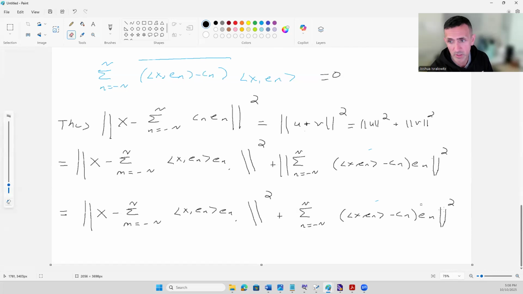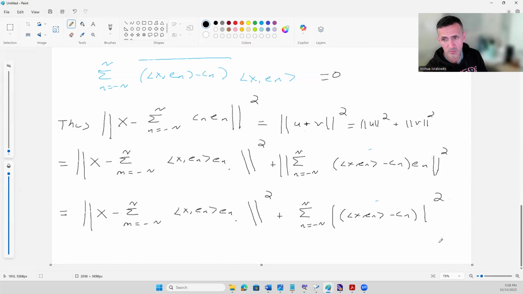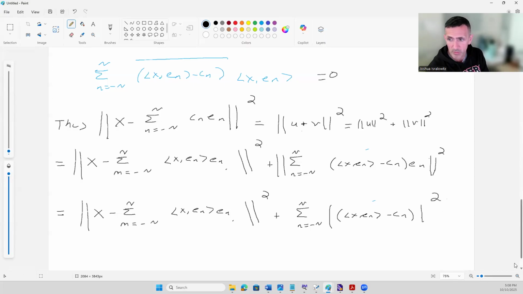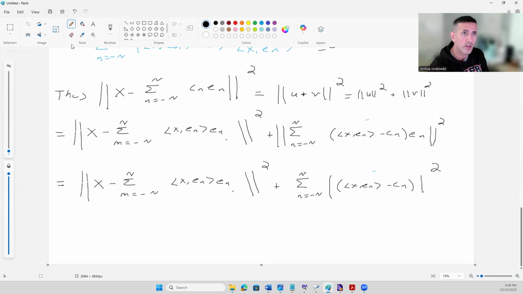Again, just basic linear algebra, because this is orthonormal. If you want to check it, by all means, check it. Right. So again, we've immediately proven part of it.